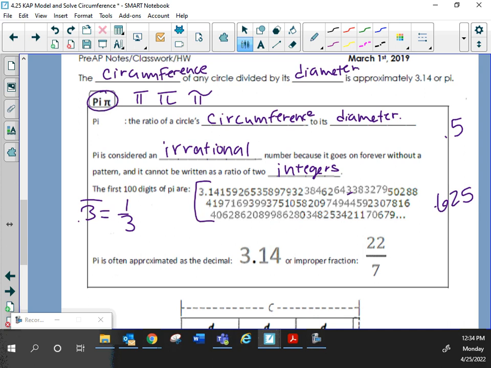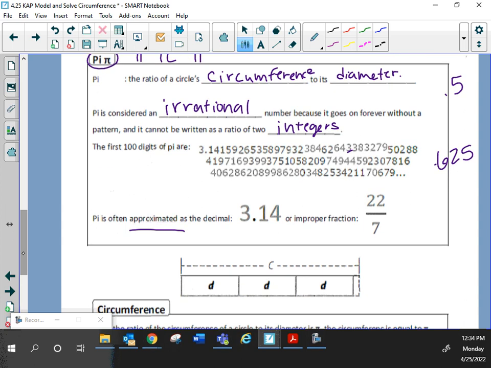Next year, you will go into more irrational numbers, but for right now, that's the one. We use approximations. Pi is often approximated. In decimal form, we round it to the nearest hundredth a lot of the time, so 3.14. And the closest fraction is 22/7.